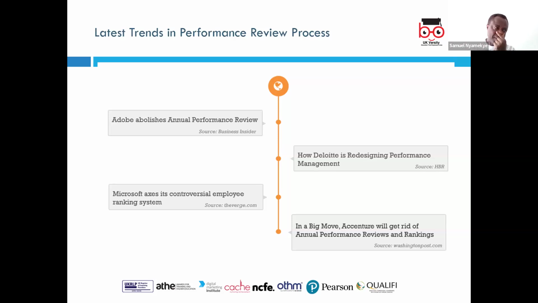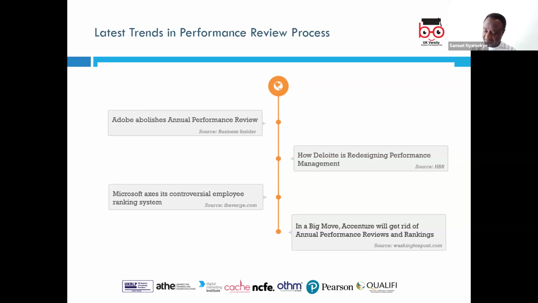The ranking type means that workers or employees are put in certain categories. These are the best people, these are those underperforming and all that. So there is some kind of competition. People are competing against each other because everybody wants to be somewhere, and it's not really helping. So they also decided that no, we are not going to do that. We're going to change the whole system.